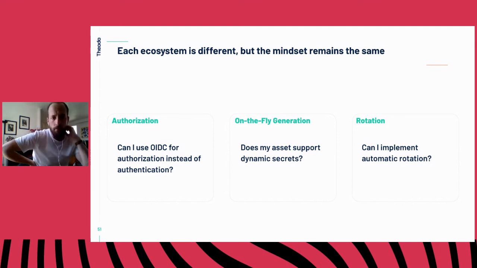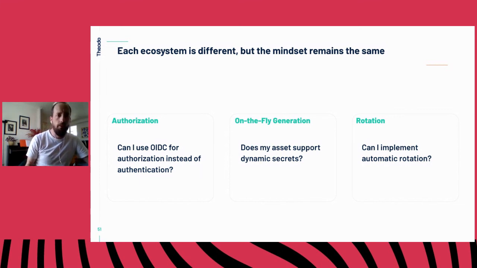Does my asset support dynamic secrets? Is Vault able to generate SSH keys on the fly, Kubernetes authentication, database credentials? They have a lot of support for dynamic credentials, so check it out. And finally, for other assets, how can I implement automatic rotation?